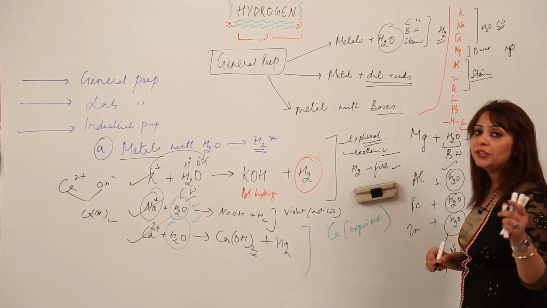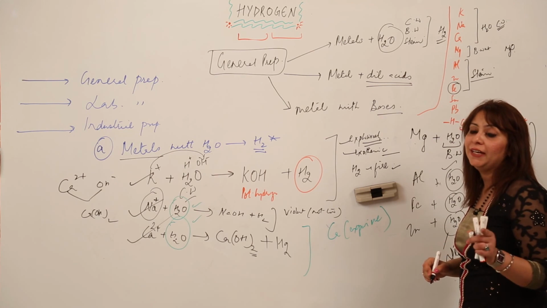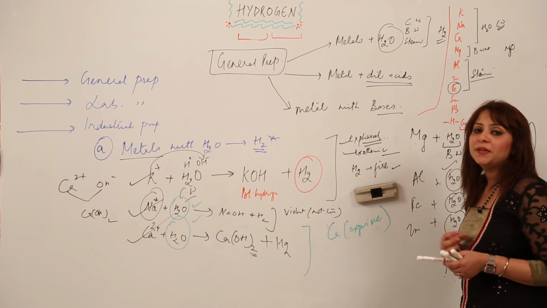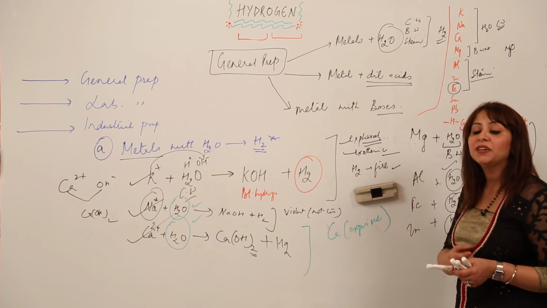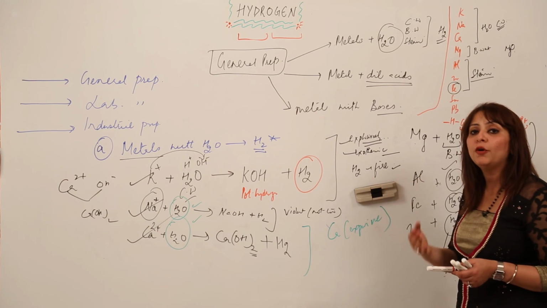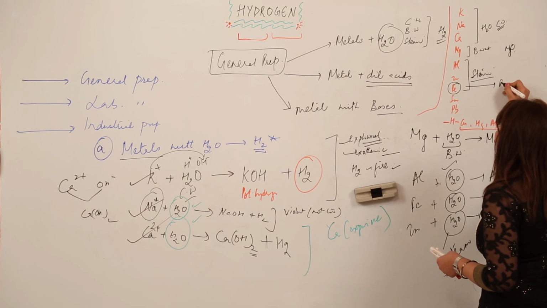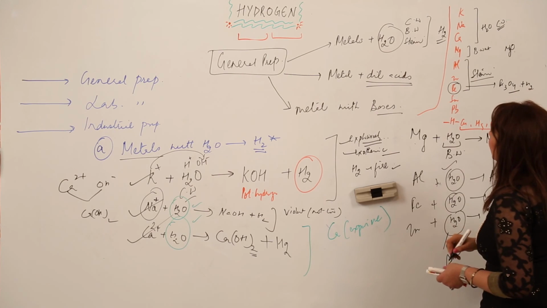And I told you, you need to remember that iron, instead of forming ferrous oxide, forms ferric oxide. Keep in mind, I am repeating this again and again because this is the major mistake you all make. You remember that you have to form the oxide, but instead of forming the ferric oxide, you all form ferrous oxide, and that is wrong. So you have to form the ferric oxide, right. Along with this we get H2.